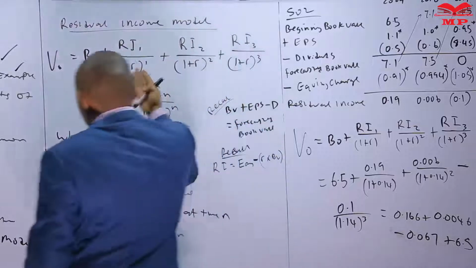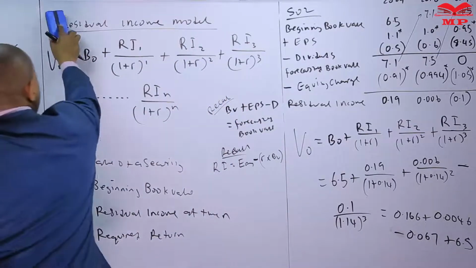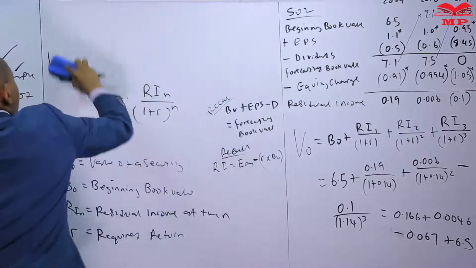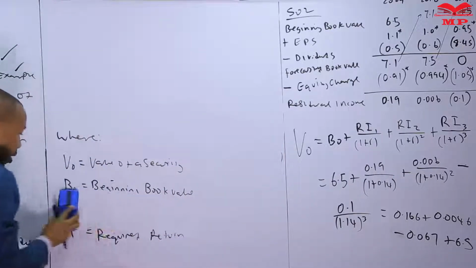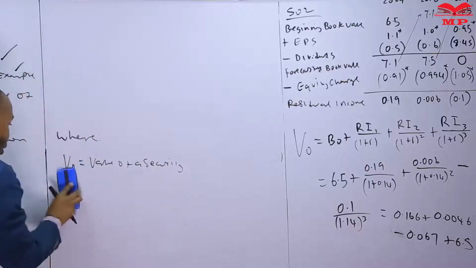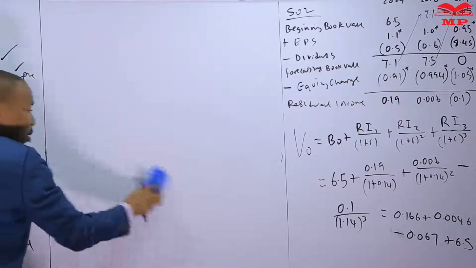How much do we get? We can come over on this side here so that we can become very consistent in trying to get correct values.